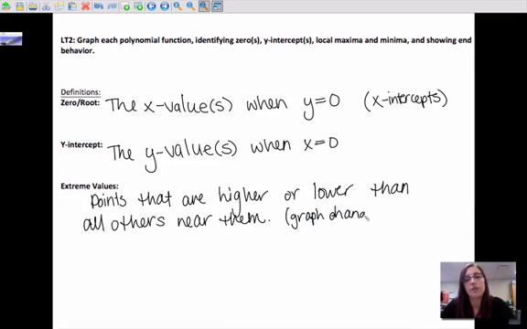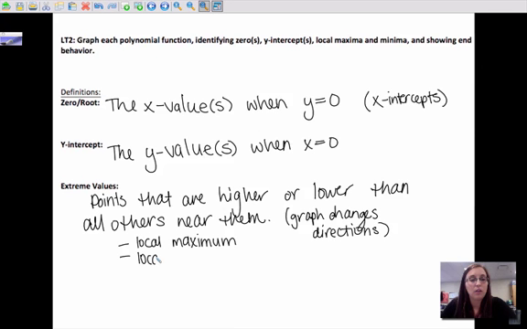For example, the vertex of a parabola would be an extreme value because it's higher than any other point close to it. So two definitions that go with this are a local maximum, or in plural maxima, but when you're just talking about one, it would just be called a maximum, and a local minimum.